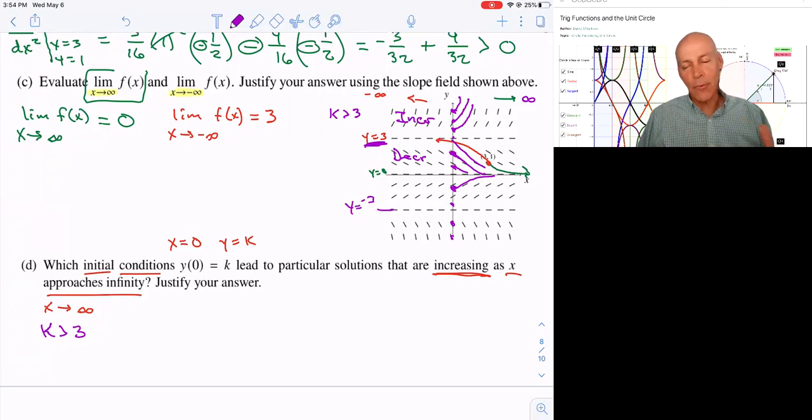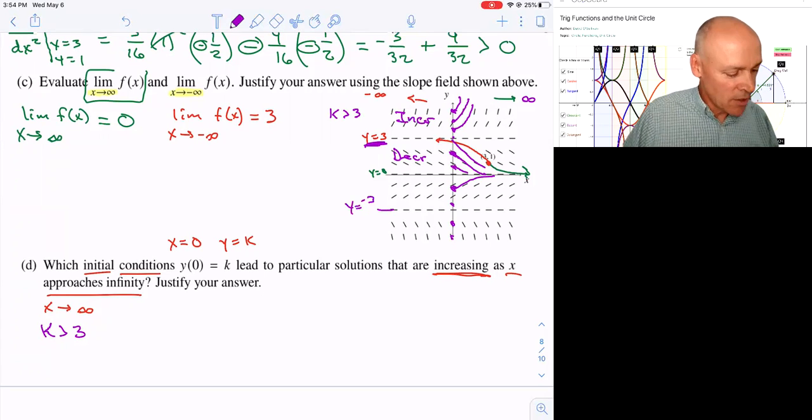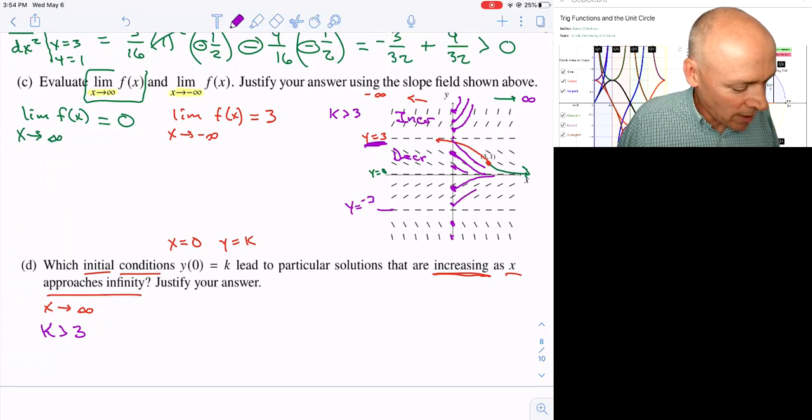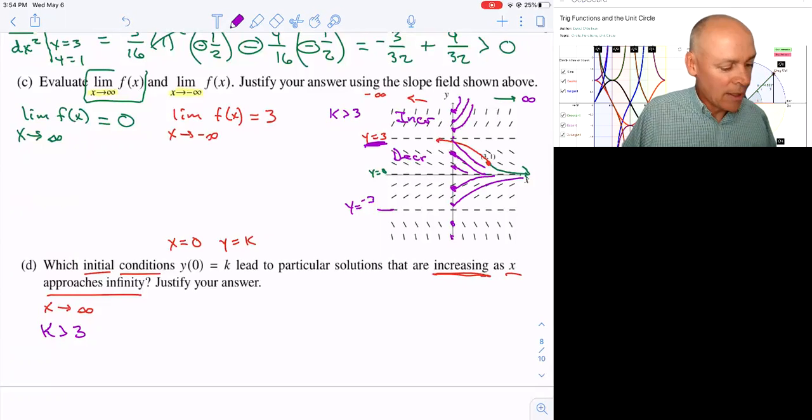Well, it doesn't really, because it's growing toward y equals 0, and it continues to grow toward y equals 0 as x is growing infinitely large. So I'm just drawing it, and it looks like it flattens out, but it's still getting closer and closer, but they're increasing.